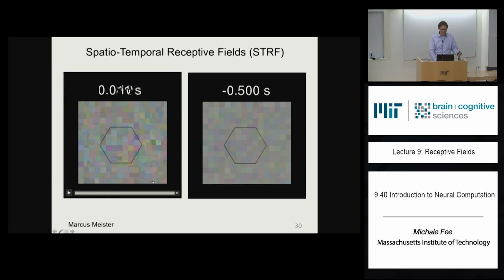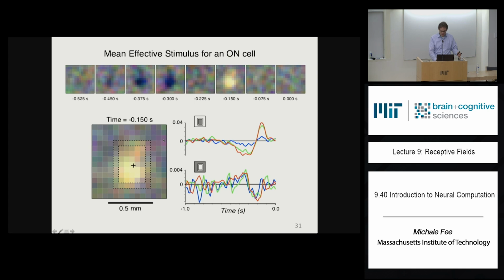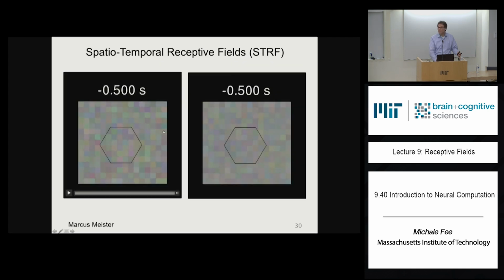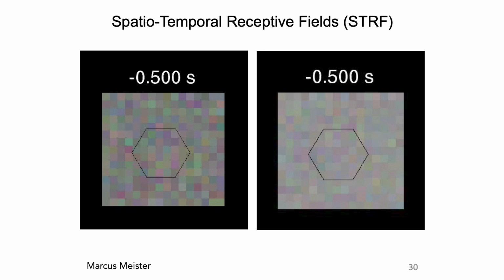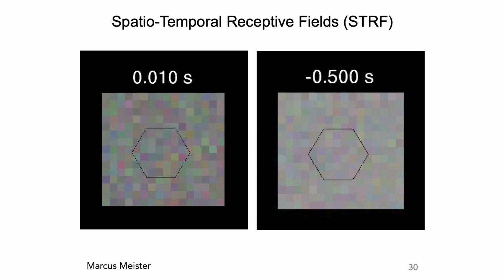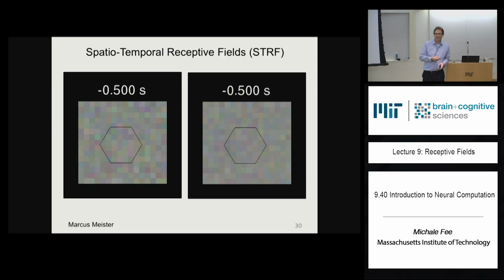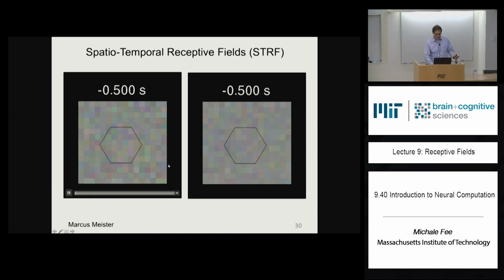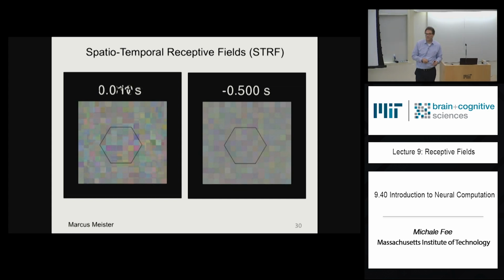So what is that? Okay, so this is time across the top. It starts at minus half a second. So what did that look like? What was it that made that neuron spike? What was it that happened right before that neuron spiked? Yeah, a dark spot.